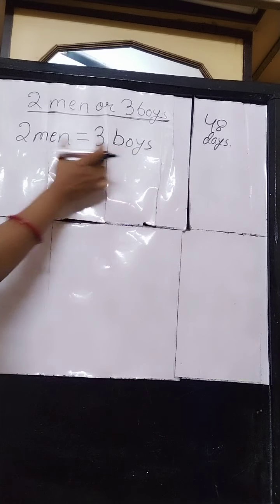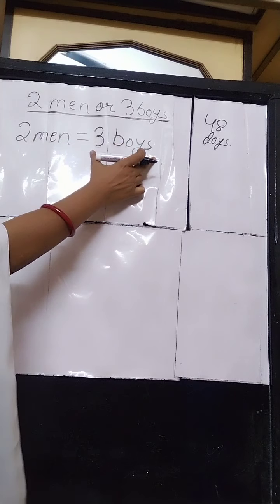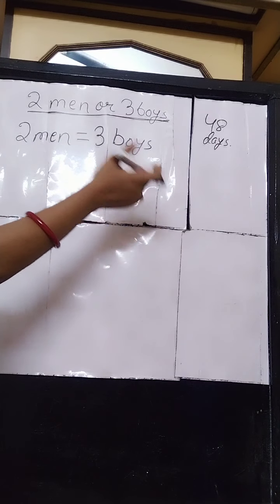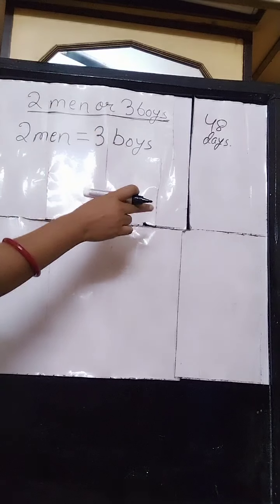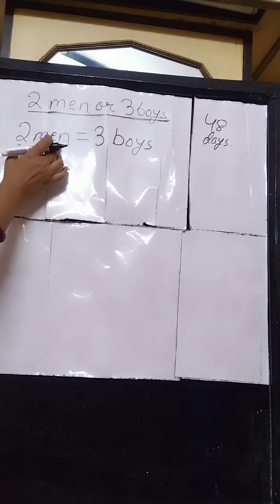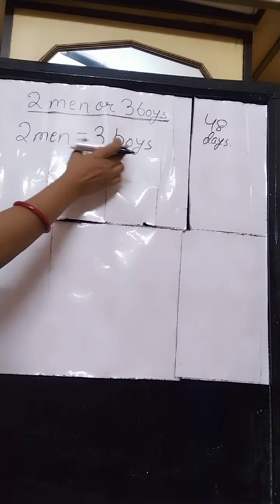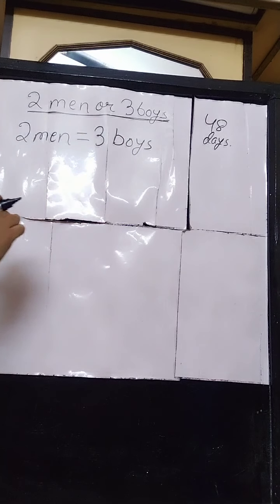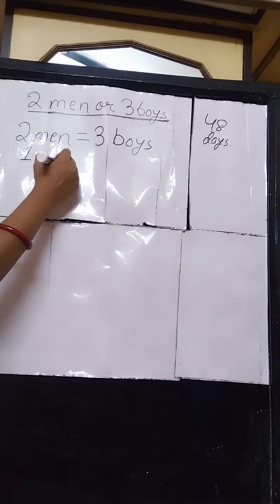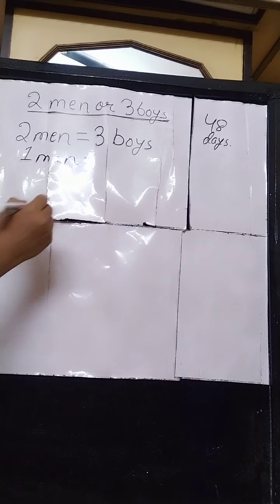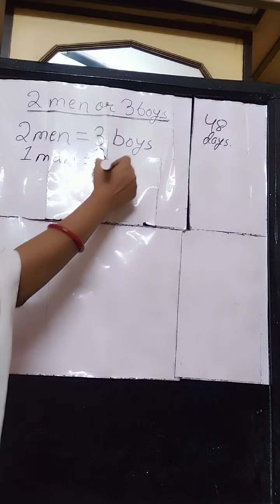Whatever two men can work in 48 days, that is equal to three boys can work in 48 days. That is, two men's work is equal to three boys' work. Therefore, we will do the conversion. One man must be equal to 3 by 2 boys.